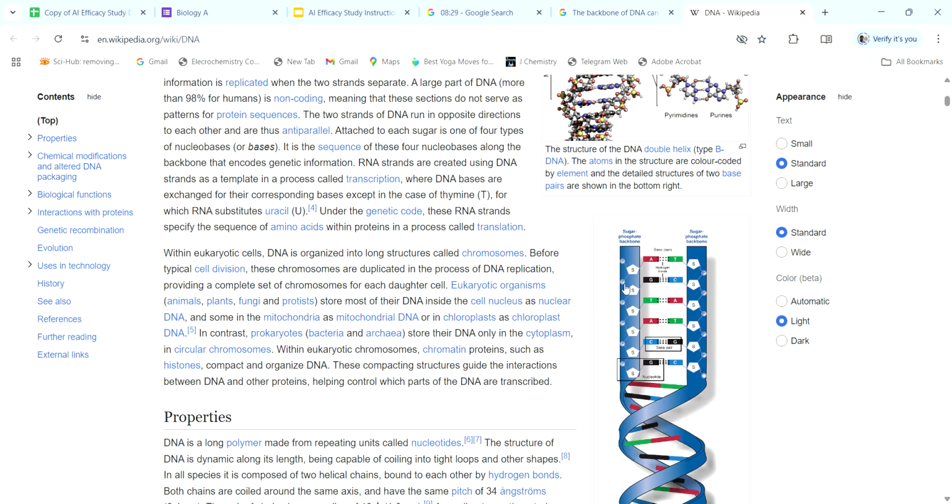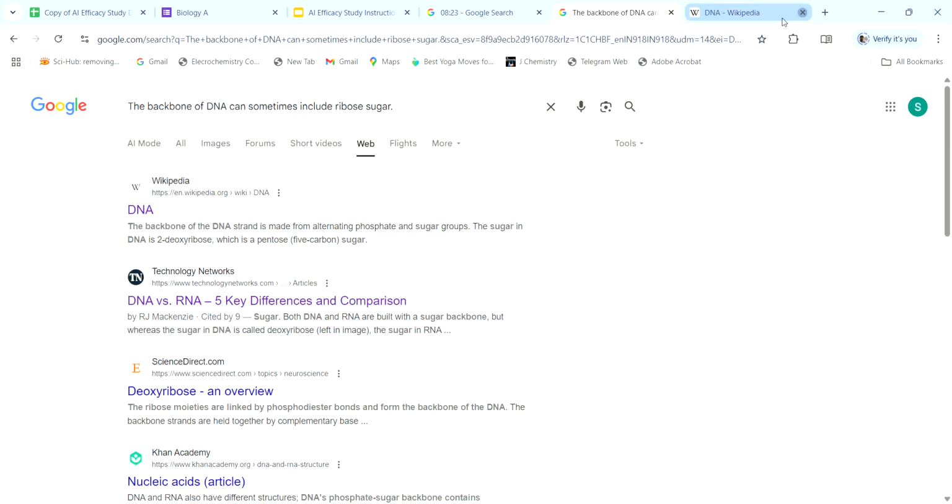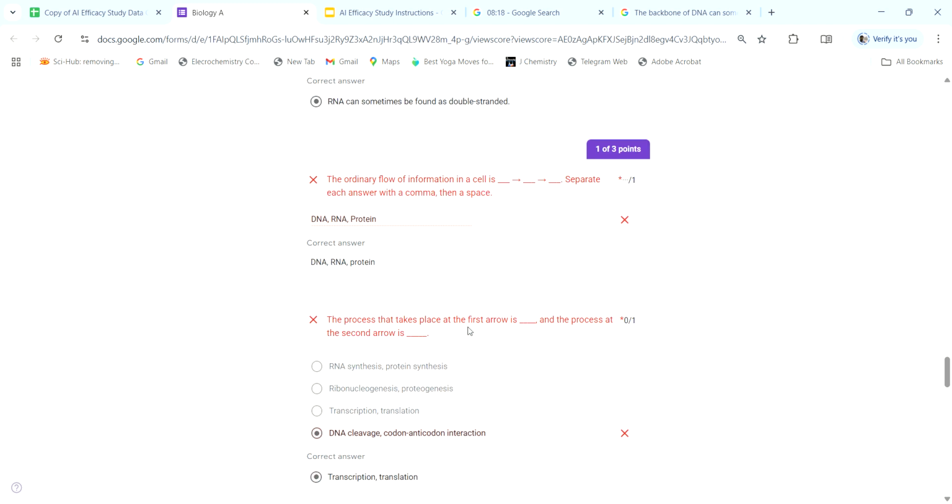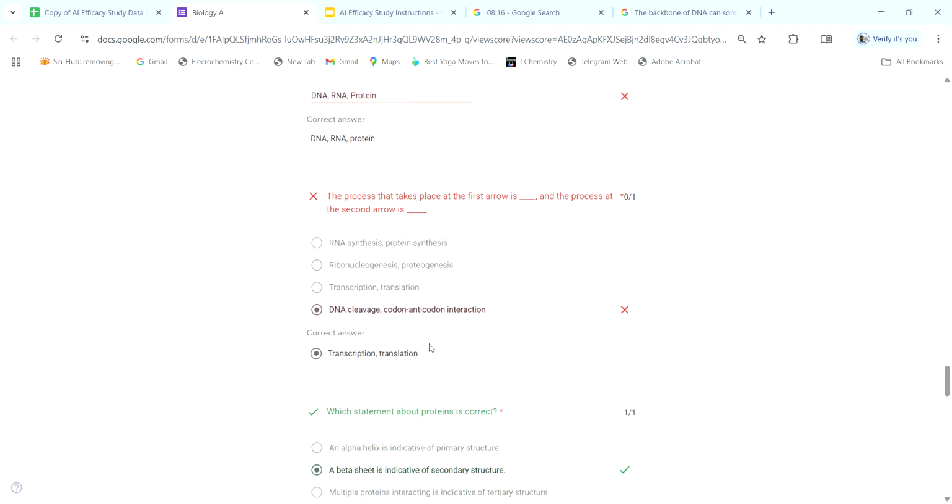So this gives a long idea. Okay, so this is transcription and translation. So this is actually given here, so I can find it again.